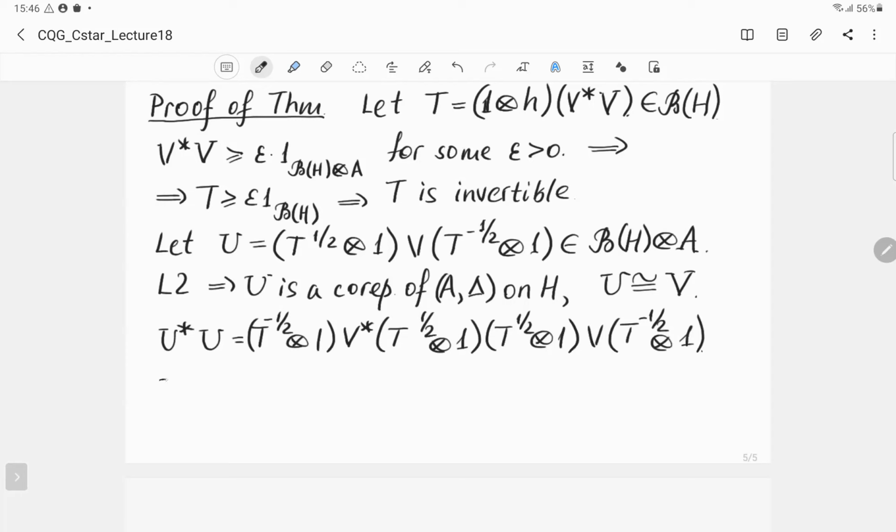So we see that U is unitary, that is U star U equals 1, if only the following equality holds. So this should be equal to 1, and we multiply it on both sides by this operator. After we do it, in the left-hand side, we will have V star T tensor 1 V, and in the right-hand side, we will get T tensor 1.